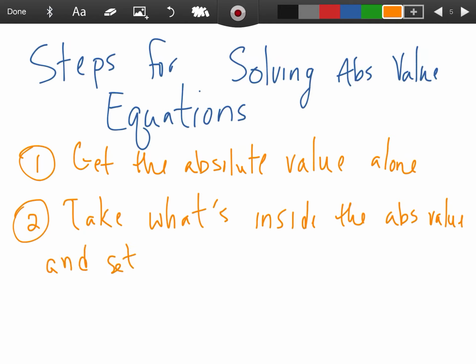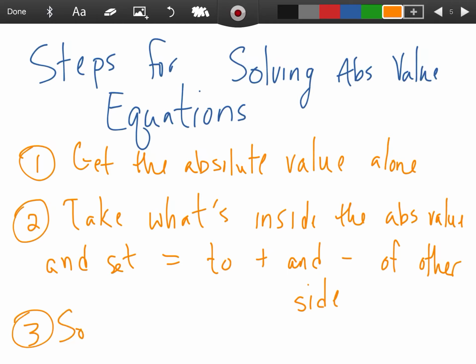And then our third step is to solve those two equations. I hope that this gave you guys a better idea of how to solve absolute value equations.